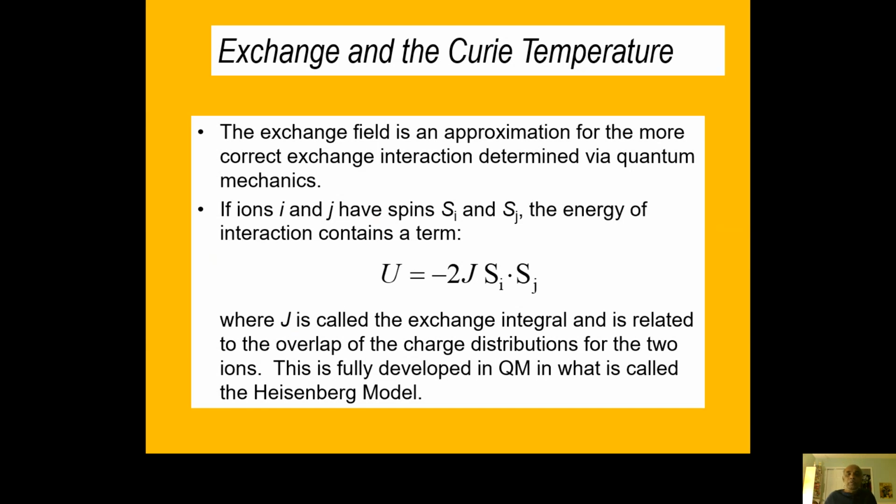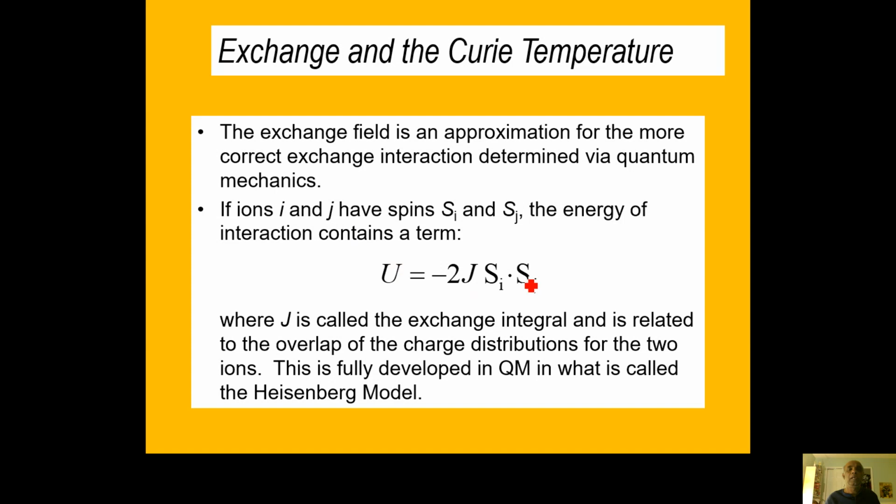So if you go further, we can actually model this spin-spin interaction, right? That's the basic idea of ferromagnetism. This interaction is a quantum mechanical phenomenon. So if you have two ions, i and j, with spins S_i and S_j, Heisenberg came up with this exchange energy U given by minus 2J, S_i dot S_j.